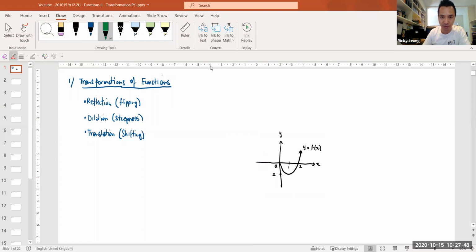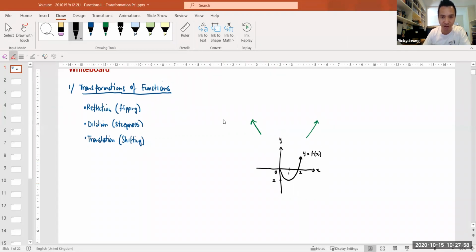So maybe for the first 2 upstairs, we'll explore reflection, which is not a hard concept. So if I had y equals negative f(x), that basically reflects the function about the x-axis.